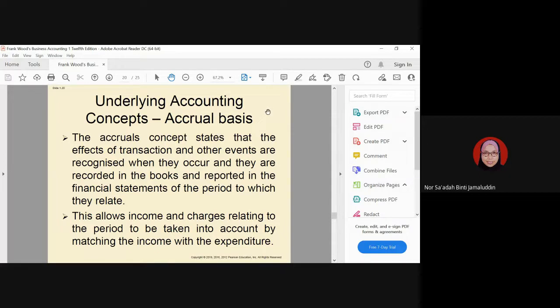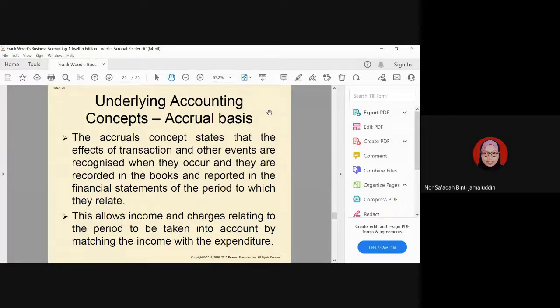With the accrual basis, in order to record the transaction, I should record it on the date that the inventory goes out from my business. Let's say I might choose to be paid monthly, by 100 ringgit.